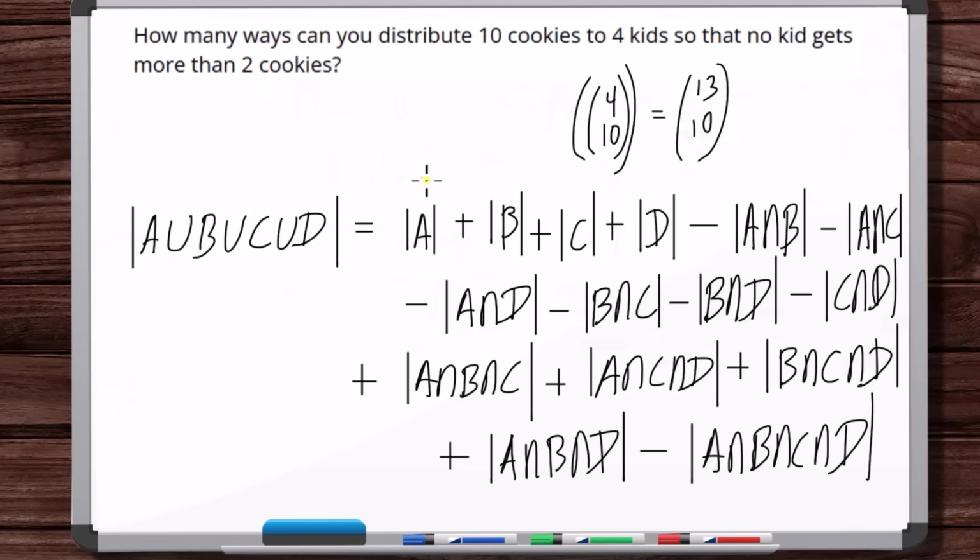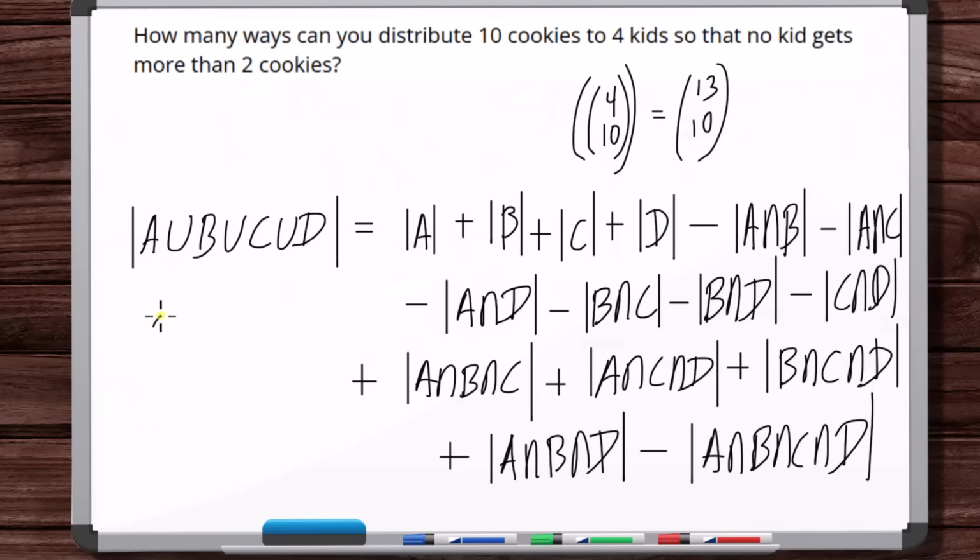So, what's the total number of ways that one of the kids could have 3 or more cookies? Well, we know how to do this. This is what we've been doing for the other problems. There's 3 or more cookies, so at least 3. That leaves 7 slots.